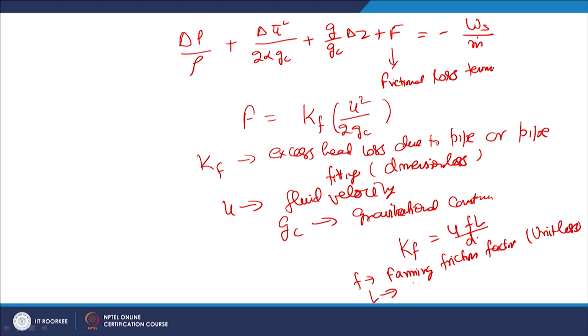L is the flow path length, that is having the unit of length, and D is the flow path diameter having the unit of length. So, for a laminar flow, the Fanning friction factor is given by F is equal to 16 by Re. Re is the Reynolds number, that is for the laminar flow regime.